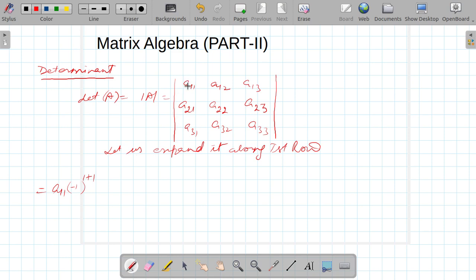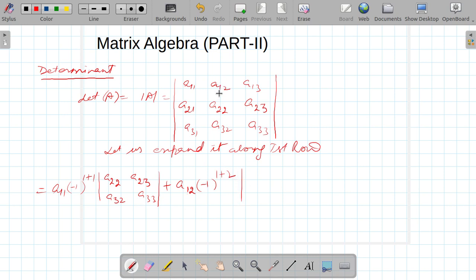And along this, I will delete this row and this column, and I will write down the remaining part here. So it is A22, A23, A32, A33 plus A12 and minus 1 raised to power 1 plus 2, this one and this two, right?